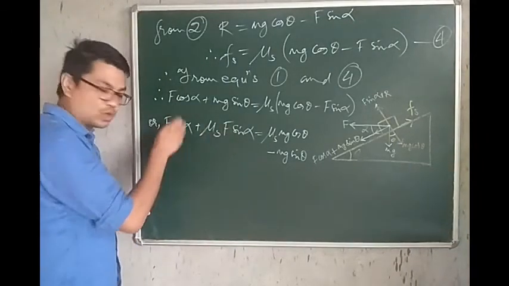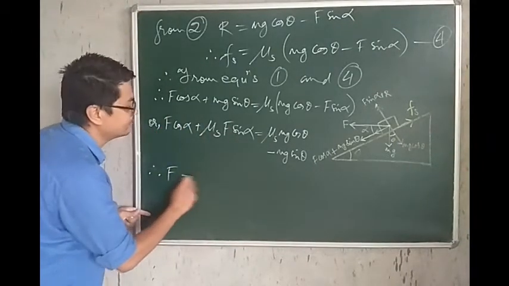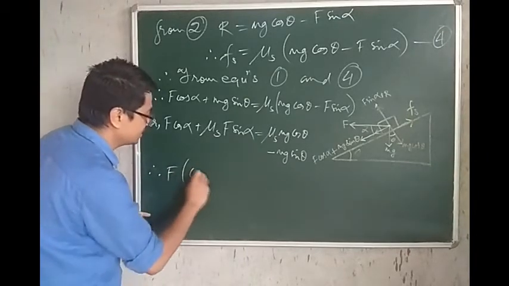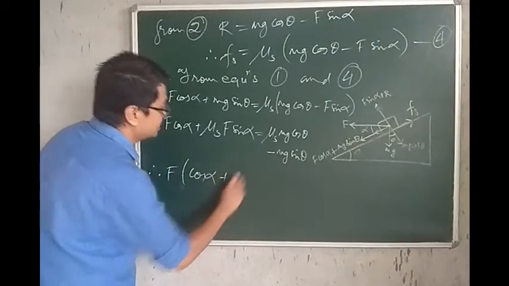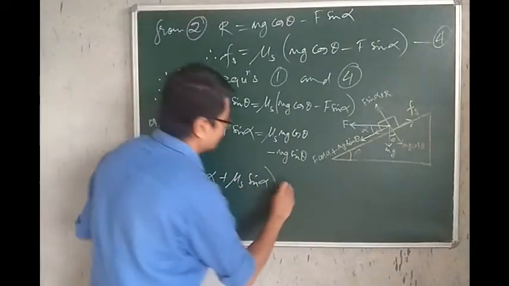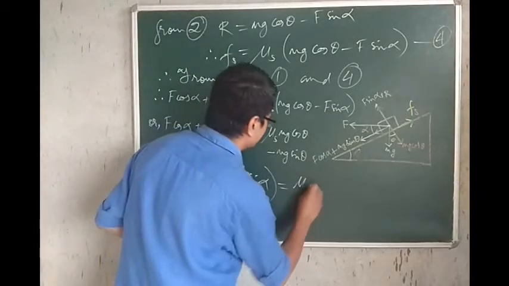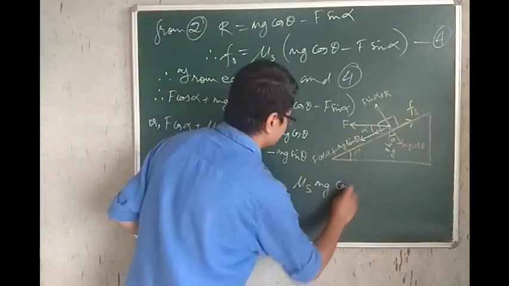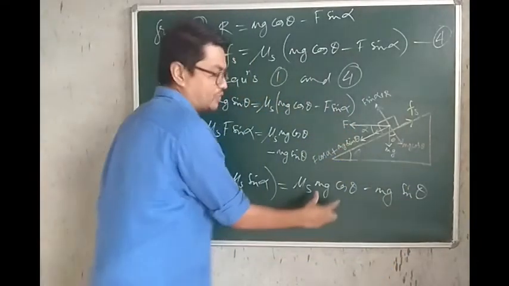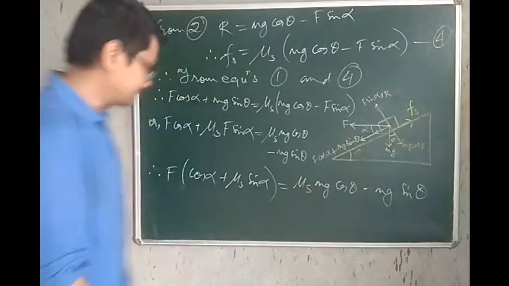So taking F common on the left hand side, we get F times (cos alpha plus mu_s sin alpha) is equal to mu_s mg cos theta minus mg sin theta. If you wish to, you of course can take mg common on the right hand side as well.